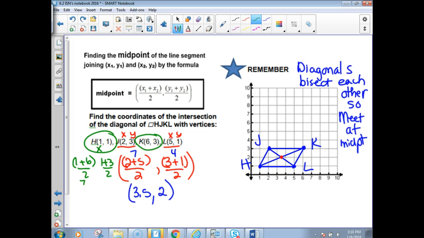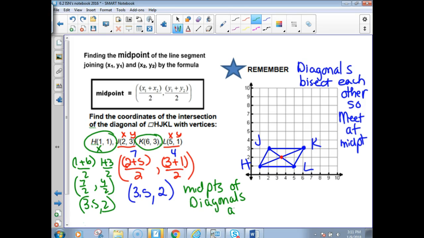You get the same thing. So (3.5, 2) is the midpoint of both of those, and that is where we thought it was going to be. The midpoints of the diagonals are the same.